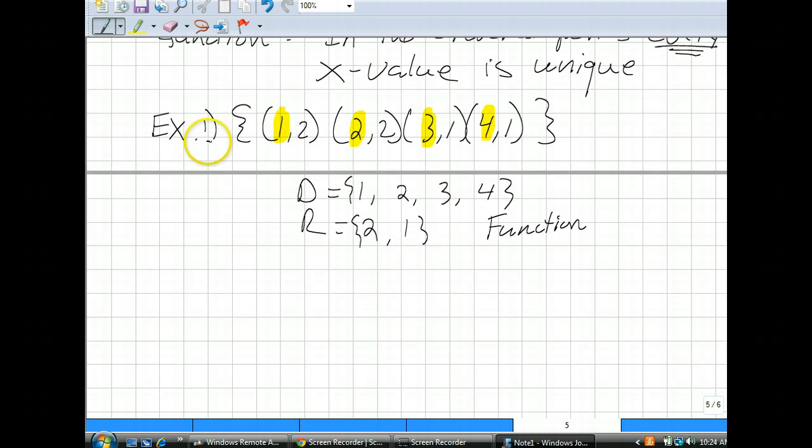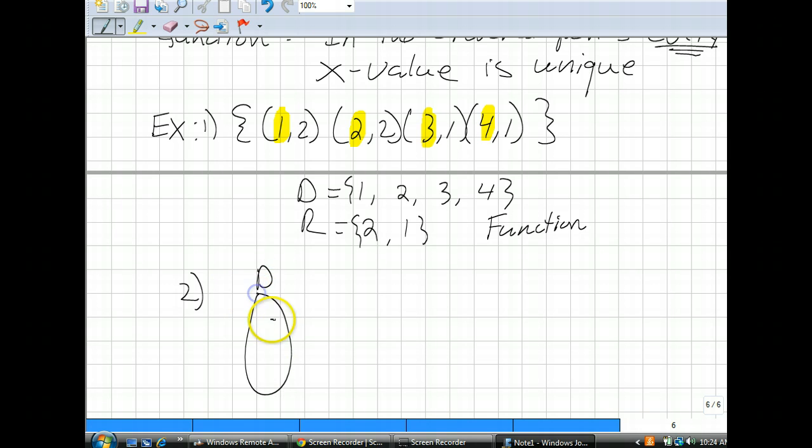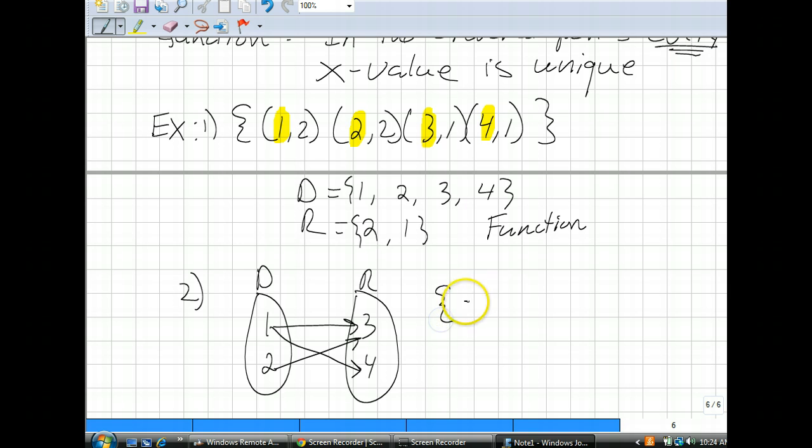Okay. Example 2. Let's say the domain is the set of numbers 1, 2, and the range is the set of numbers 3, 4. And we have a rule that takes 1 to 3, 1 to 4, and 2 to 3. In other words, I have the ordered pairs (1, 3), (1, 4), and (2, 3).